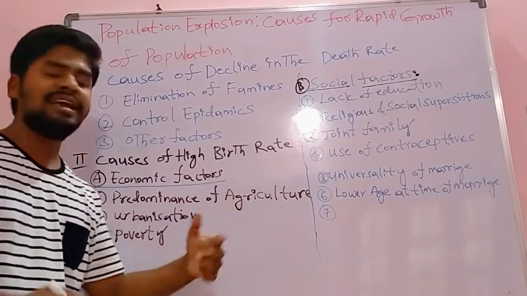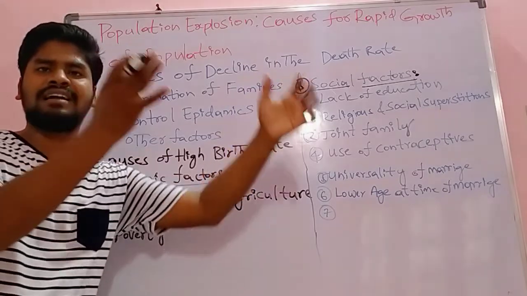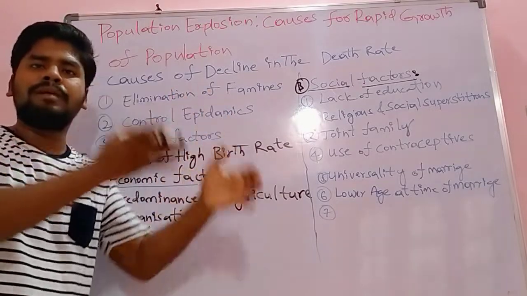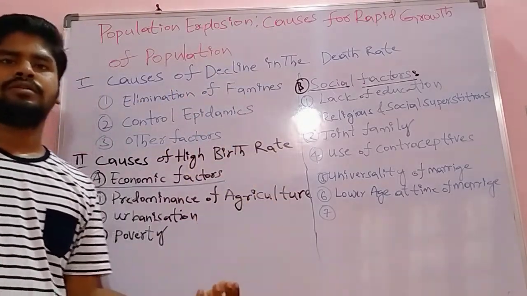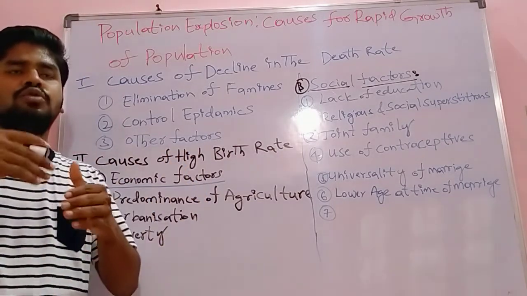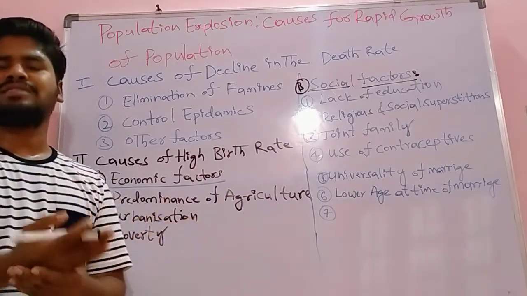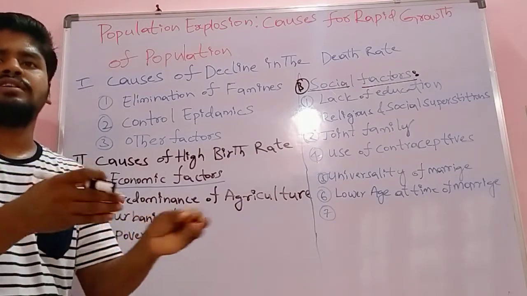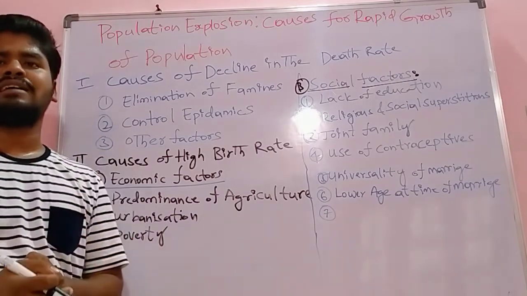Predominance of agriculture means generally in the Indian economy, the maximum population depends on the agriculture sector. We have a higher population, and at the same time most of the population is dependent on the agriculture sector. Right? So the people think that if they have more children, that will help to produce, whatever the productivity, whatever the cultivation, in agriculture farming.